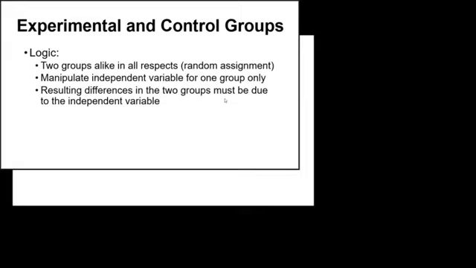And how do we make sure that those groups are as alike as possible? We use something called random assignment. Now, I want to make sure that you can tell the difference between random selection, which is how we choose our samples from a population, and random assignment, which is what you do with your sample after they've already been chosen. So step 1 is the random selection to get your sample.